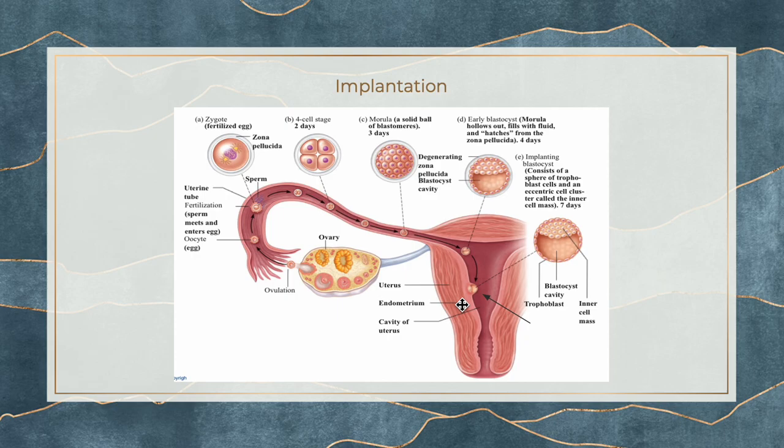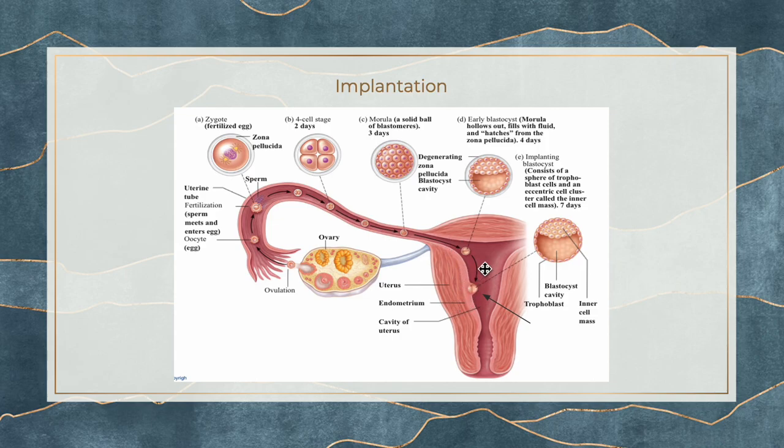So when fertilization occurs, the egg will continue to travel down the fallopian tubes to the uterus, and implantation is when that cell will attach to the uterine wall, and that is when pregnancy can be confirmed. That's when the body starts secreting hormones in order to start the process of developing a zygote or a fetus.